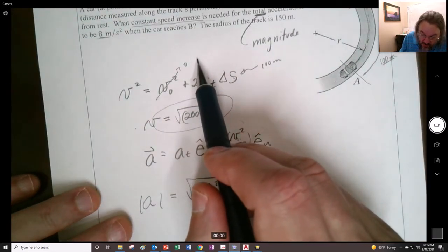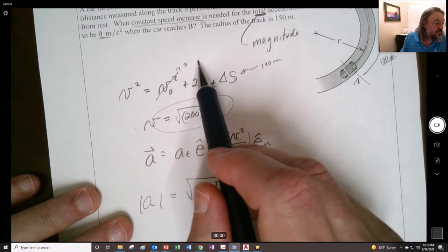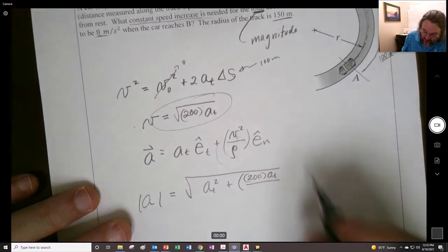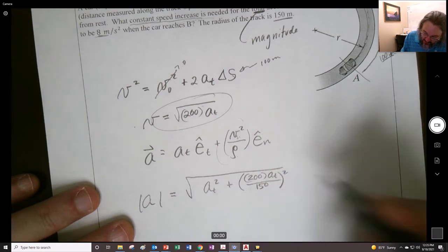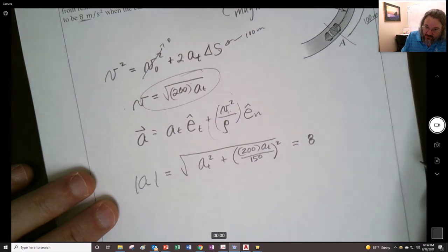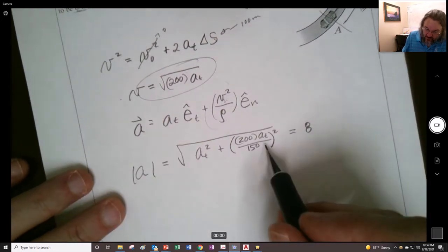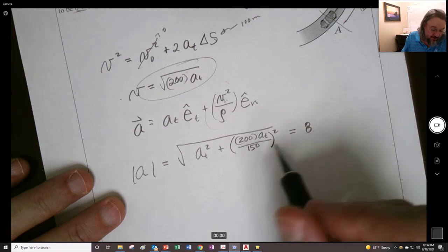Where did you go? Did they not tell us? Nope, there you go, 150. And that's all squared, and we know that has to equal 8. So we can square 8 and make it 64.